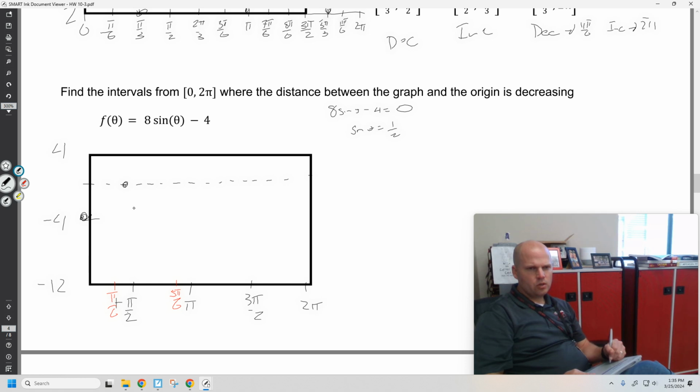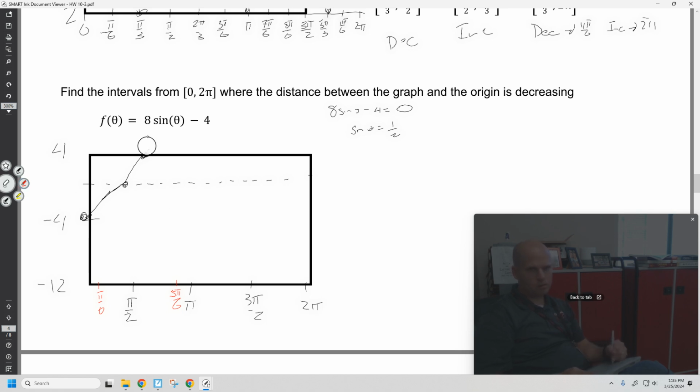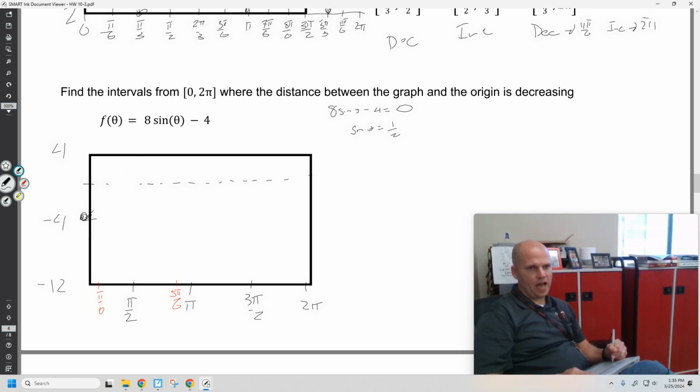Okay, so we get a max there. Pi over 6 is way over here, right after 0. Here's half of my amplitude. 0, max, 0, midline, minimum, midline.